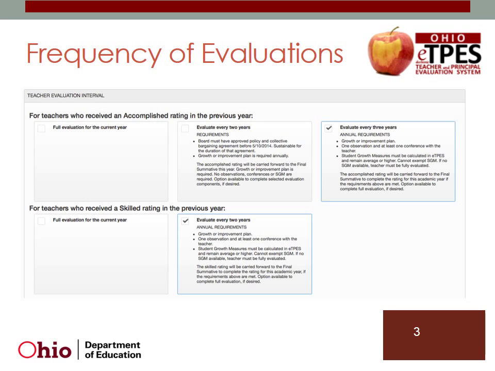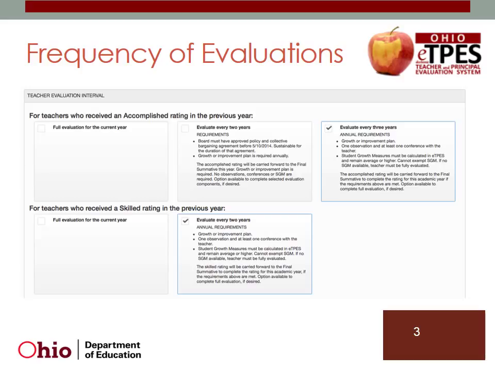The superintendent or designee will also have to enter the frequency of evaluation or interval of evaluation for teachers who have received an accomplished or skilled rating the previous school year. For teachers who received an accomplished rating the previous year, those teachers might be receiving a full evaluation, or the district might choose to evaluate that accomplished teacher every 2 years.